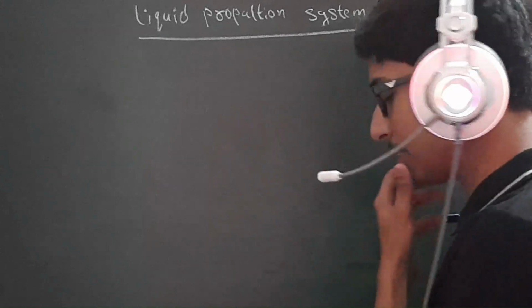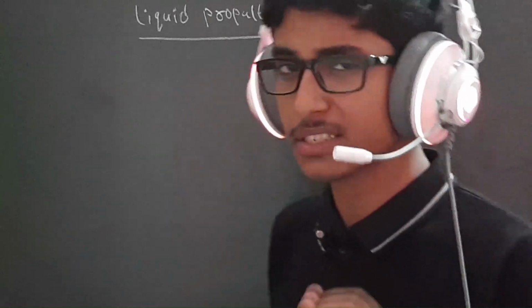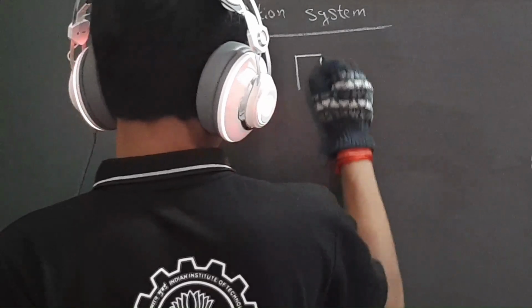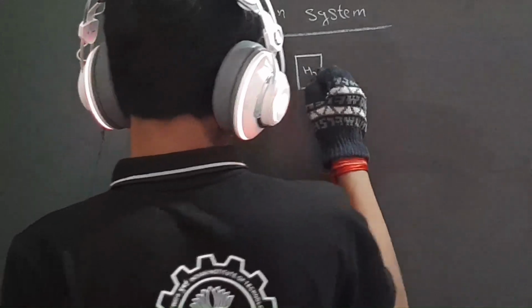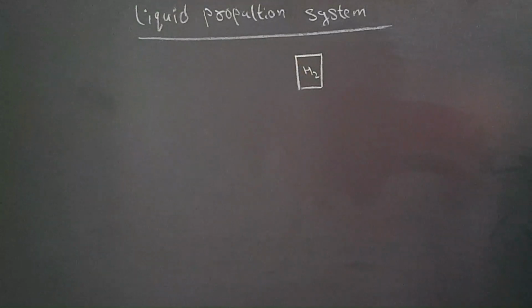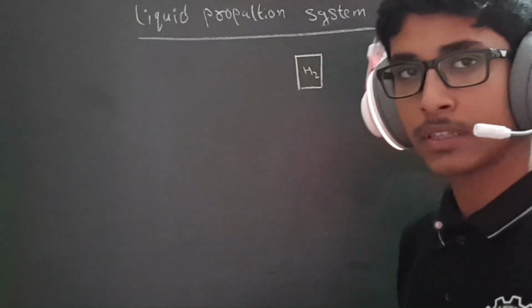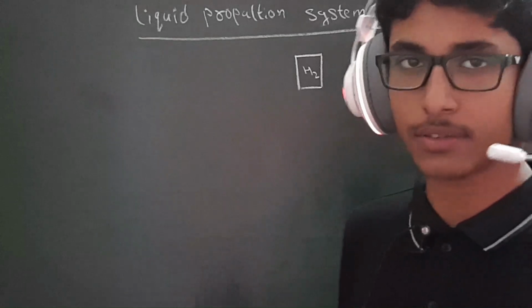I will be drawing diagrams for better understanding of how the mechanism is loaded on the rocket. Maybe the diagram will not be perfect, but you can use it to understand. So this is the H2 tank, which is loaded with liquid hydrogen because we have compressed hydrogen gas into this tank.